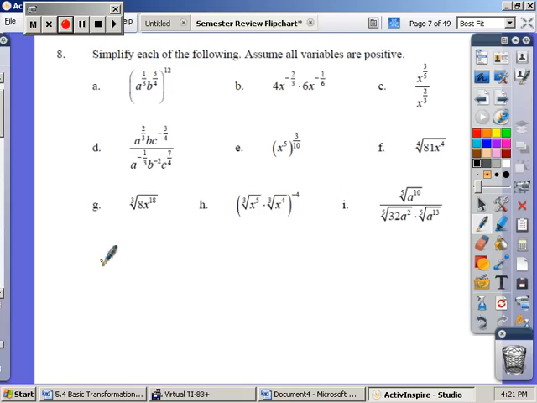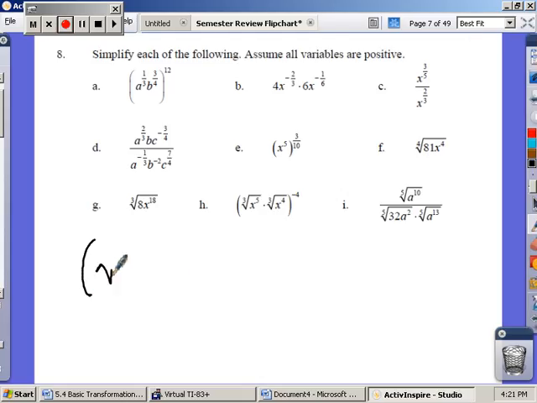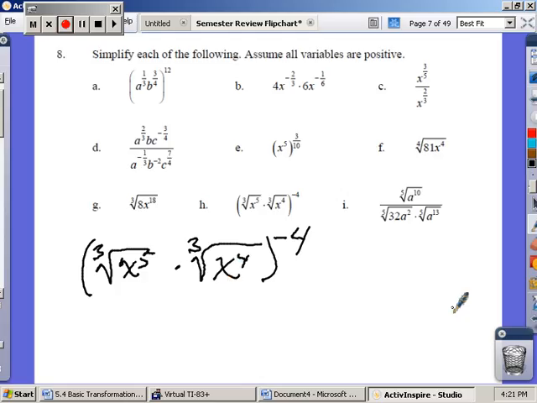Letter H. The cube root of x to the 5th times the cube root of x to the 4th, raised to the negative 4th power. The roots are the same. They're both raised to the same cube root. Rewrite it.